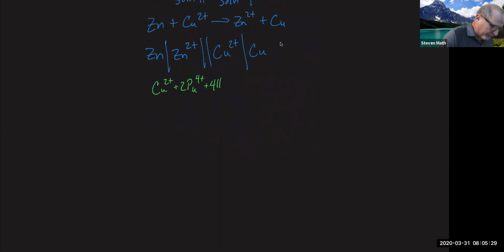It's in the example. 4 H2Os goes to copper metal plus a couple of plutonium oxides and 8 hydrogen ions sitting around. And they tell us in this example, by the way, that they need to use what's called a platinum electrode. And you'll see why when we start writing this out.